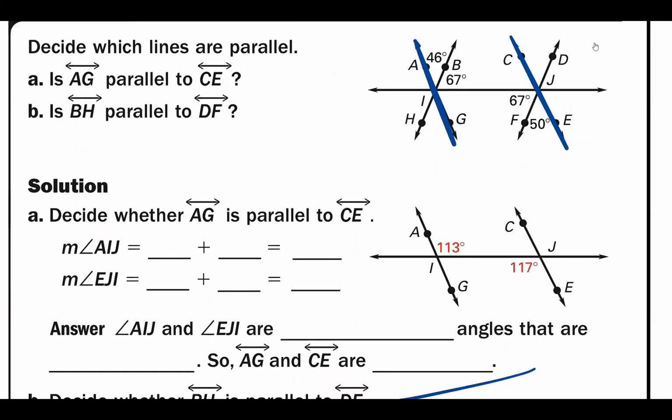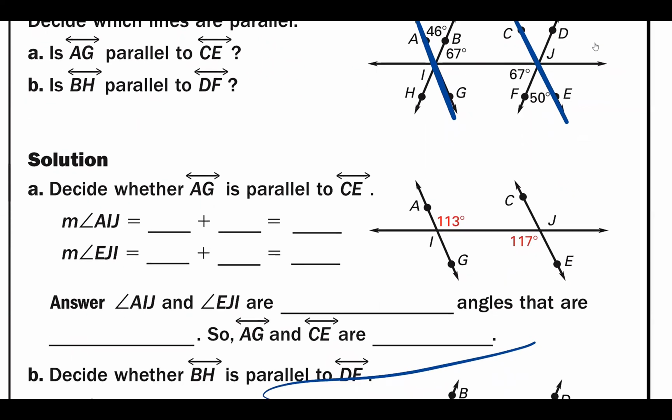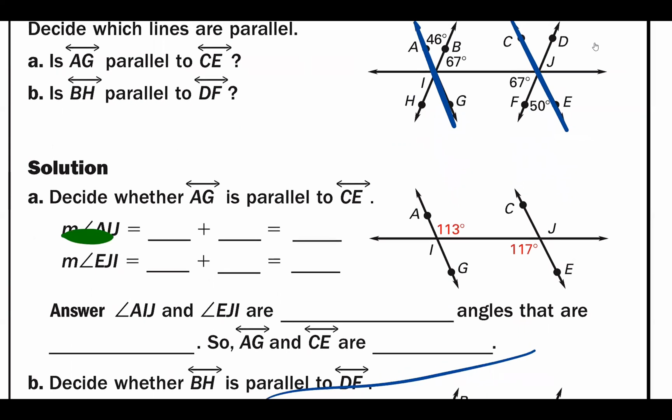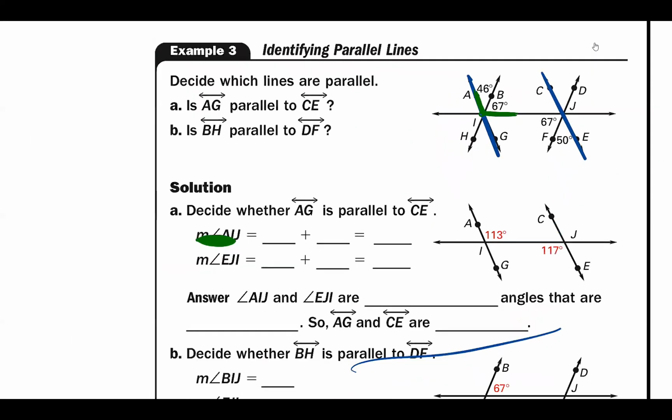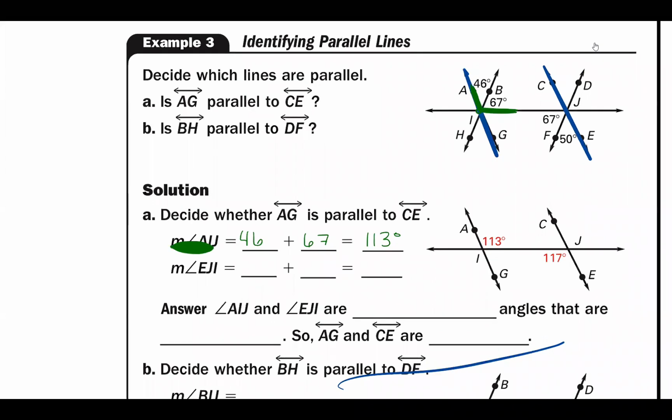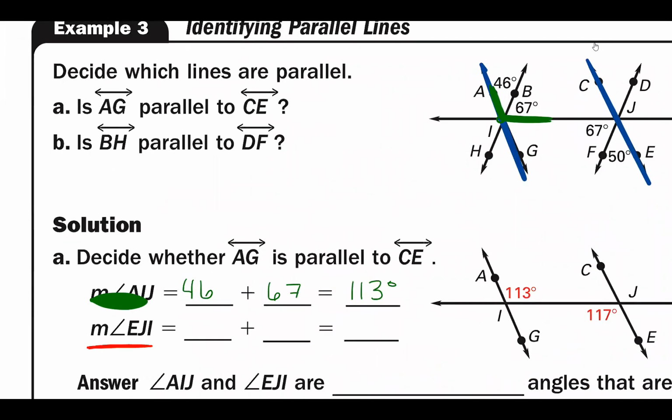Okay, so 46 and 67. So I'm going to make the AIJ, this angle. So we've got to add 46 and 67 together. 46 plus 67 is what? 113, thank you. And then angle EJI.